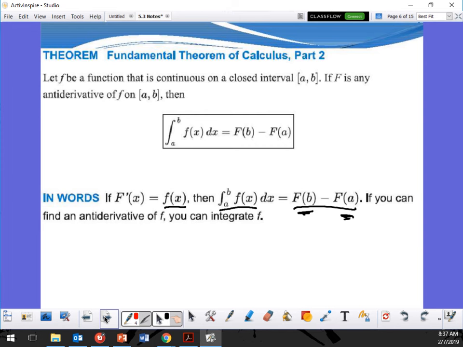Okay, so now right here, f is continuous on the closed interval from a to b. We take the integral of the function, and if you notice, it goes from a lowercase f to a capital F. That's the terminology on this.